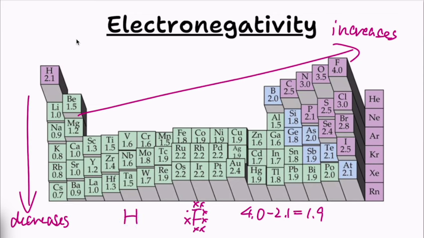Okay, but when we compare hydrogen and chlorine, even though the difference is still big, 3.0 minus 2.1, chlorine is not as strong as fluorine, so they are still kind of sharing the electron. But this is still unequal sharing of the electron. The electrons are dragged more toward the chlorine.